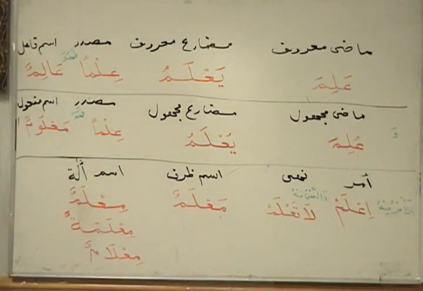Lastly, we will do the comparative adjective, the comparative noun, whatever you want to call it. It's when you compare one thing with another, or compare one thing with many. If I compare two people, it's called ism al-tafdeel. I want to say this one person is better or more than this other person.